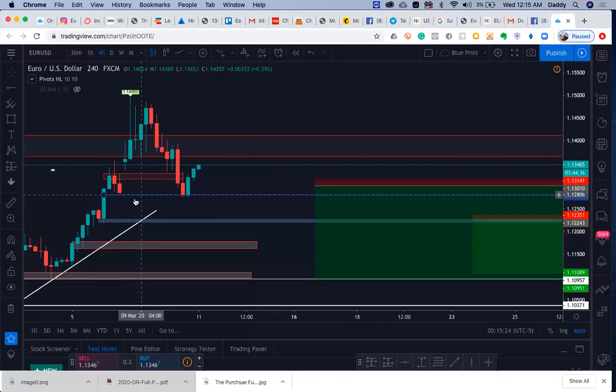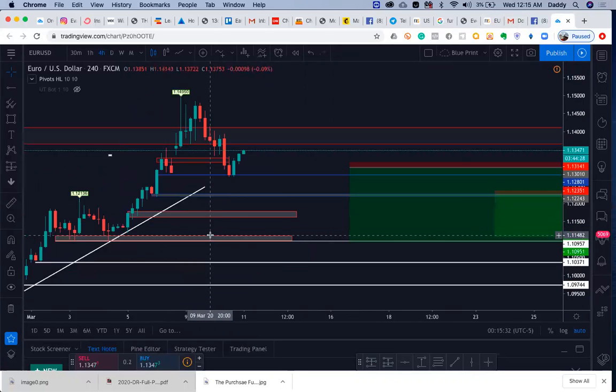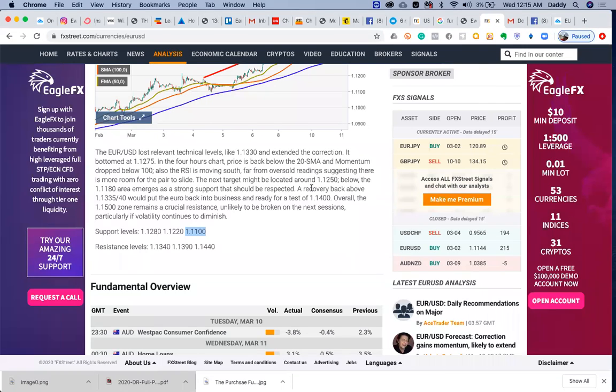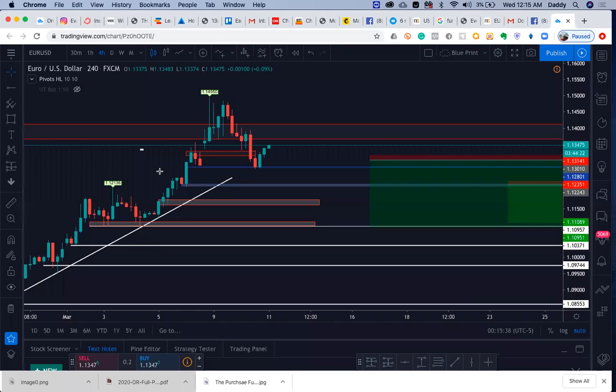But notice my support and resistance lines or support lines have been pretty much on point. Would you agree? Very close. Yeah. Very close, exactly. So now let's see where this next one is at. 1100. Okay, 1100 is right.